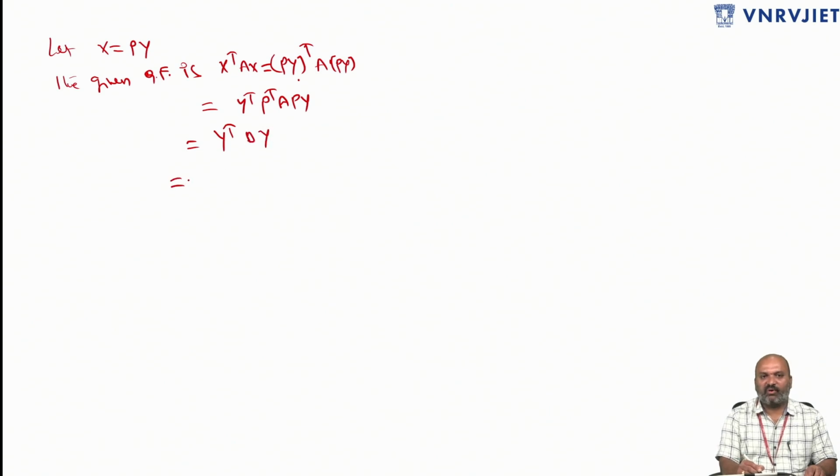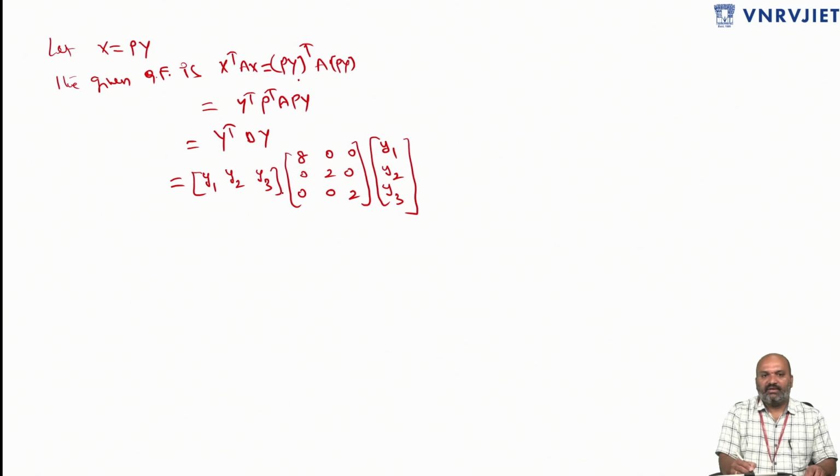Now what is y? Let us take y as the new variable vector, say y1, y2 and y3. D is the diagonal matrix 8, 0, 0, 0, 2, 0 and 0, 0, 2, into the vector y1, y2 and y3. Now, if you multiply, you are going to get 8y1 square plus 2y2 square plus 2y3 square.